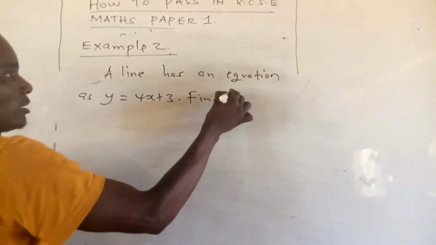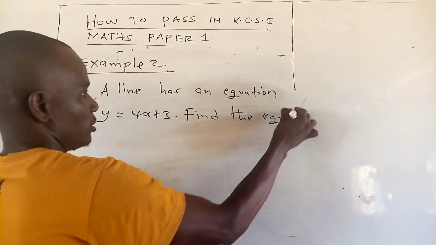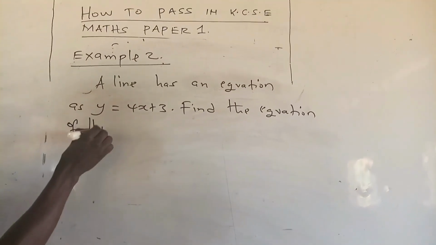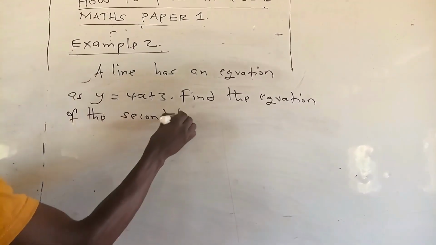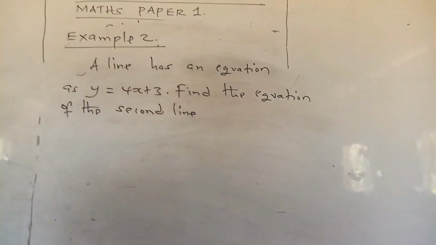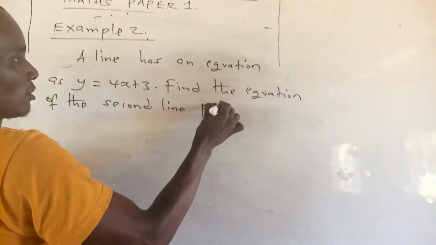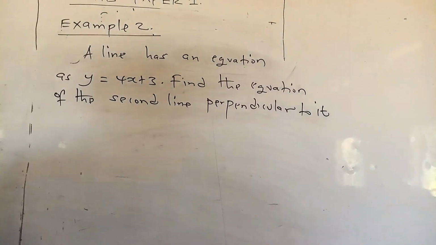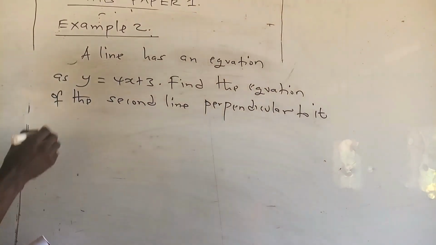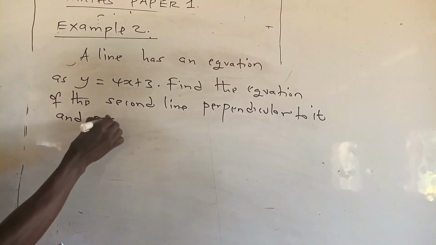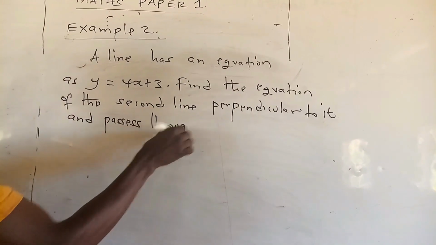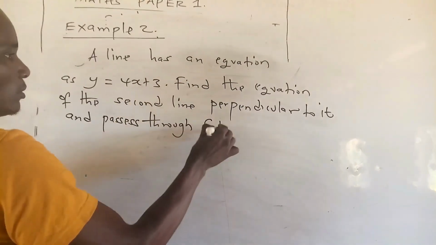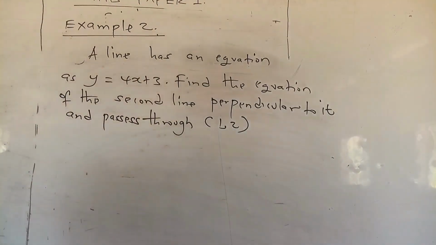Find the equation of the second line perpendicular to it, and passes through (1, 2).